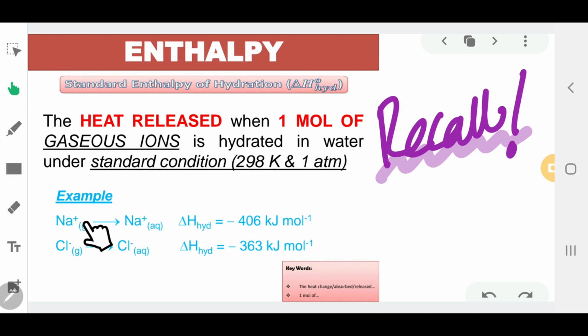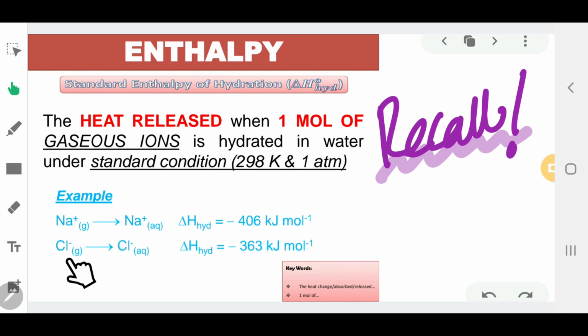This is when you have your gaseous ion, like here, Na+ gas. And when you take that gas and put it through water, it will be hydrated and become an aqueous species. So this is what is meant by hydration. Hydration refers to the process of changing the phase of gaseous species to aqueous.